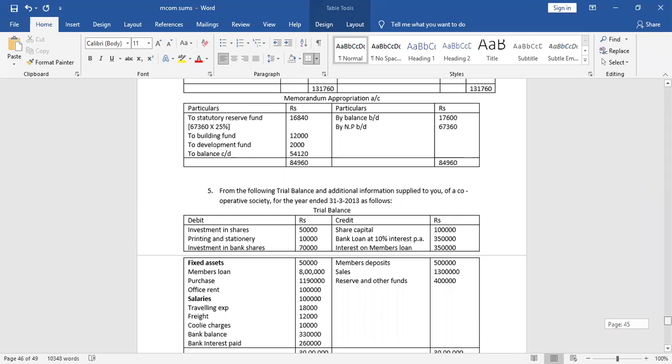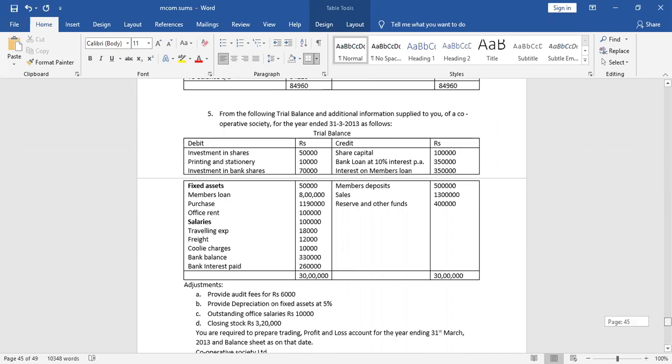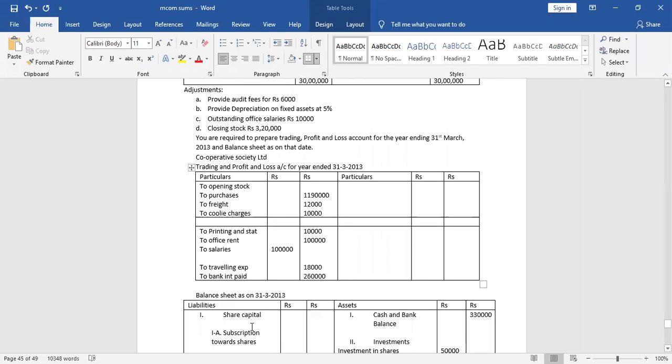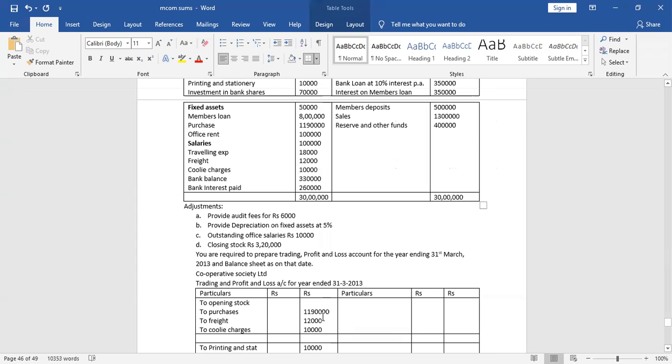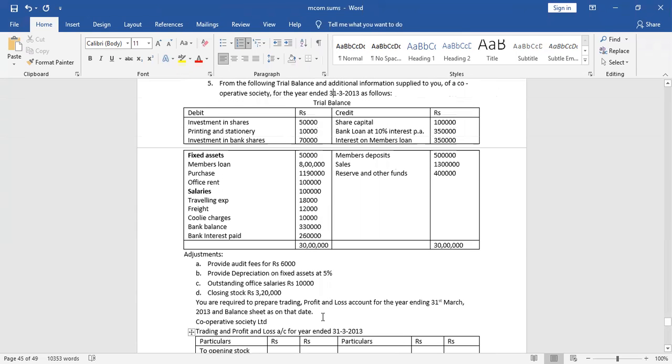Now we will go to the credit side, share capital. So share capital, we will go and write share capital 1 lakh. So where is our balance sheet? Issued and paid up capital, issued and paid up 1 lakh. Then we have a bank loan.